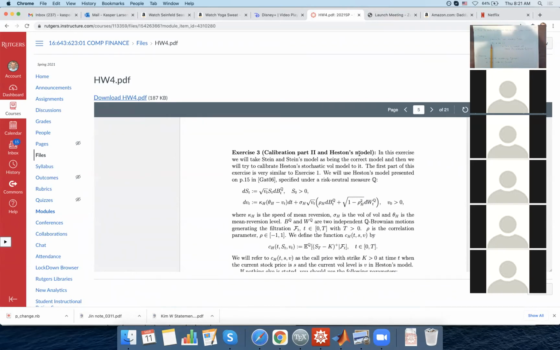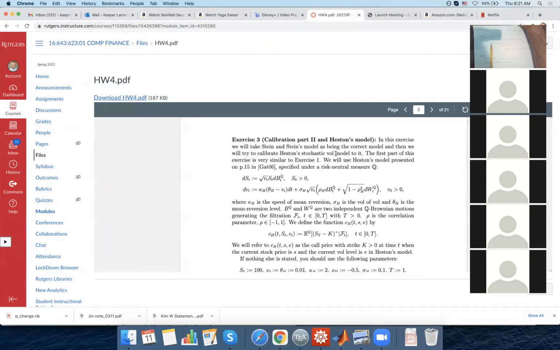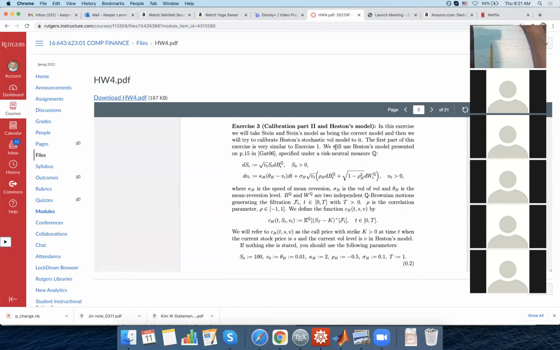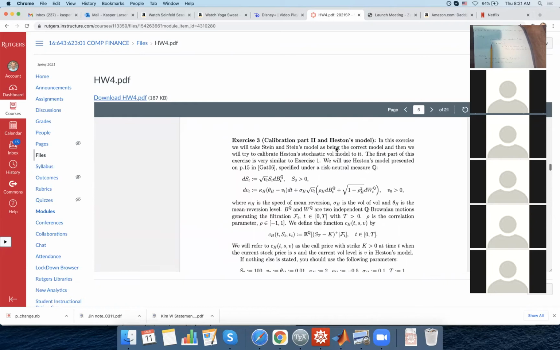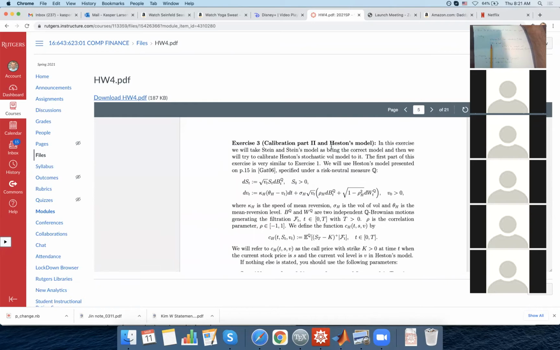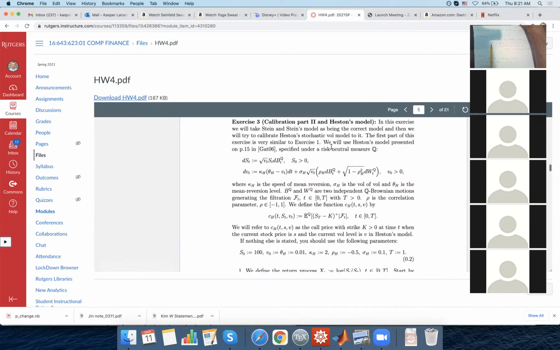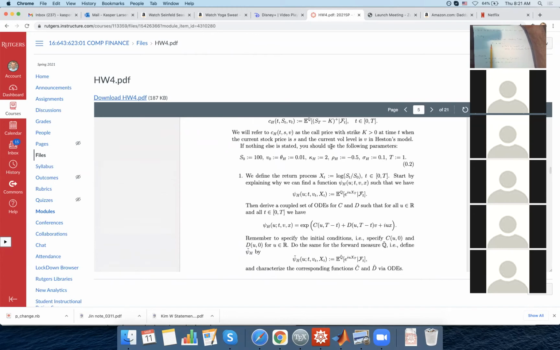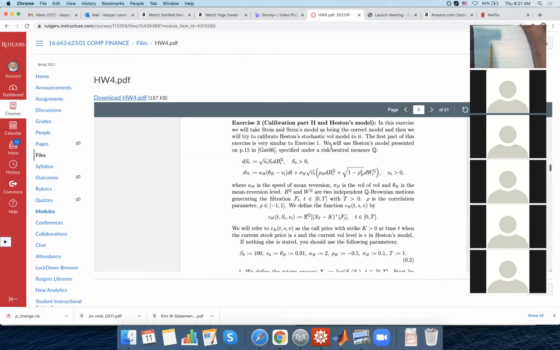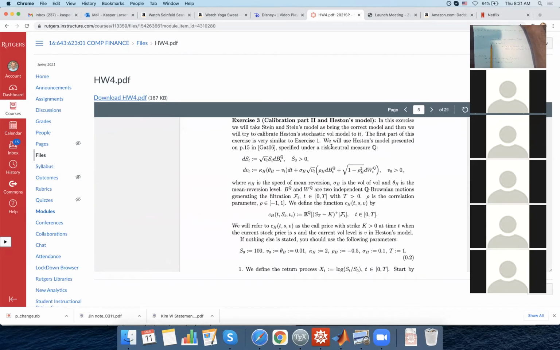And there's a reason why you might prefer Heston over Stein and Stein. Heston's model is available in closed form. Everything has explicit solutions. Stein and Stein does not. And so that might be one reason why one would prefer Heston over Stein and Stein. And so the last exercise asks you to calibrate the Heston model to this Stein and Stein.